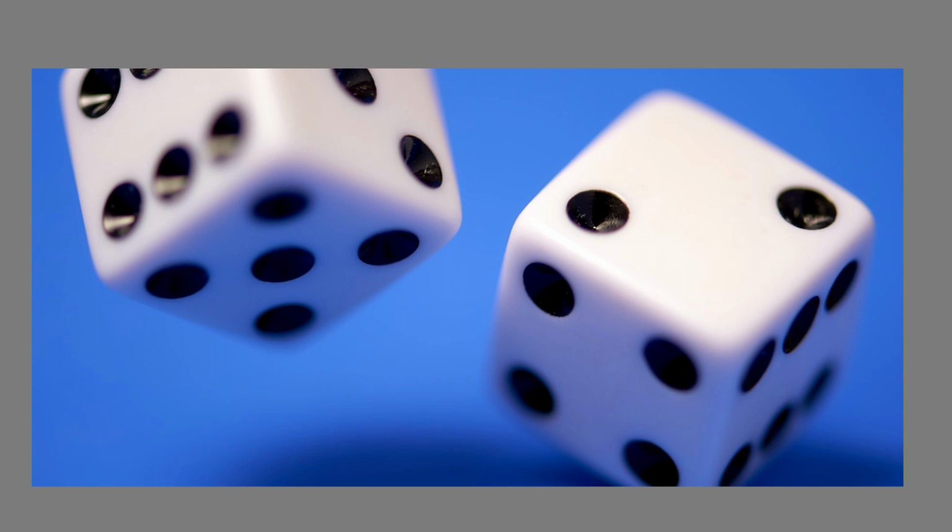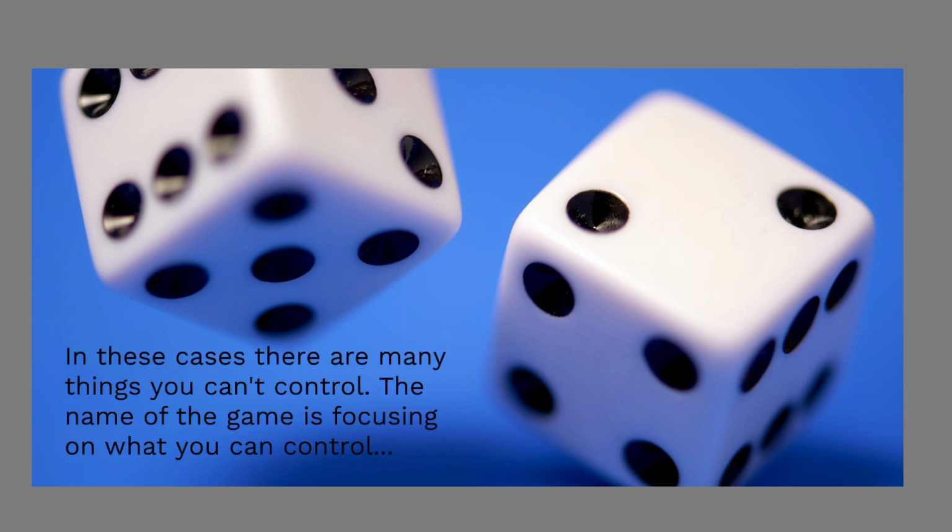But the name of the game to win this case, just think of it this way. Every time you apply, every time you appeal, you are rolling the dice. There is a certain probability you're going to win, and there's a probability you're going to lose. You just have to realize that that's the way it goes, and you can't be hung up on the things you can't control, like which judge you get or how strict they are.